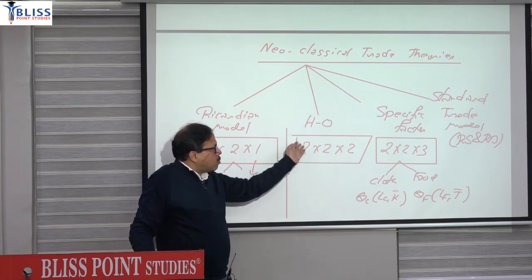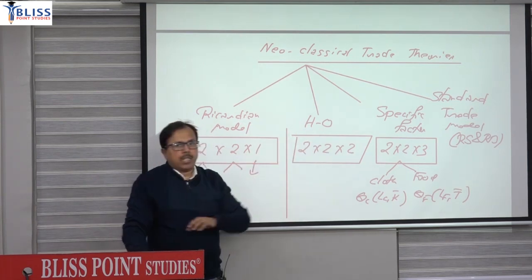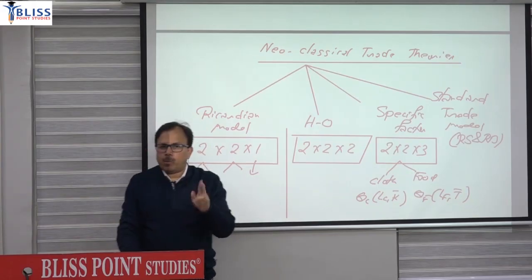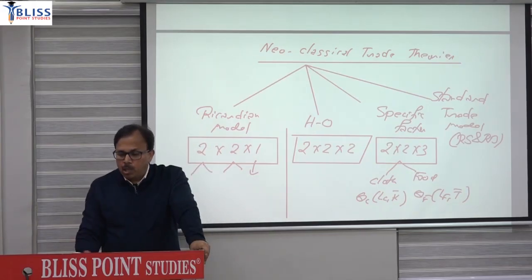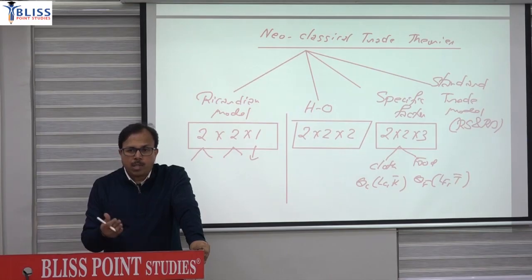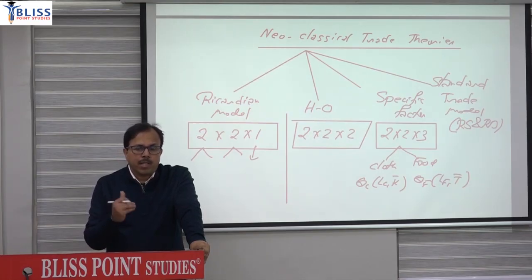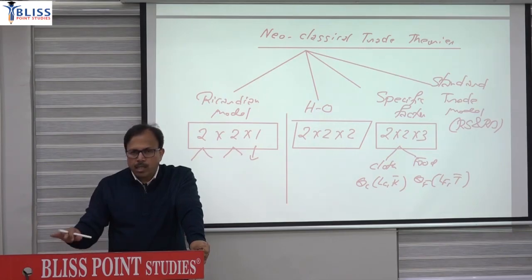So by using the assumption of HO model, we will explain that standard trade model. So again the 2 by 2 by 2 format will be in the standard trade model, but the standard trade model will explain how economic growth will affect terms of trade, what is the meaning of terms of trade, what is the effect of import tariff, export subsidy. So those things will be taken care of in the standard trade model.